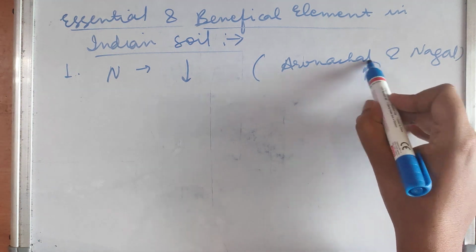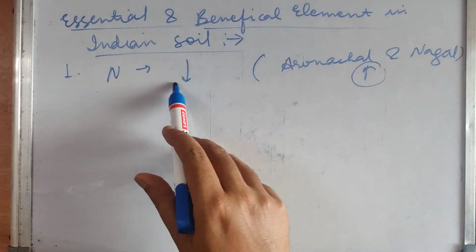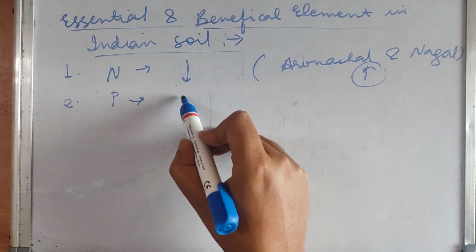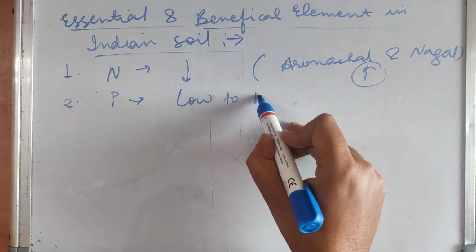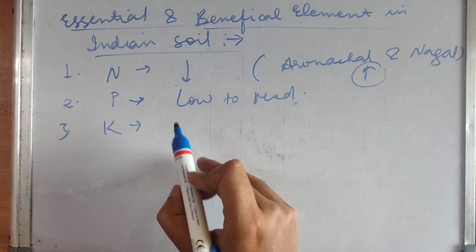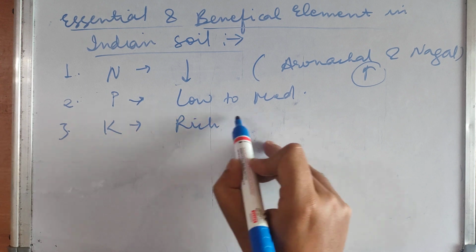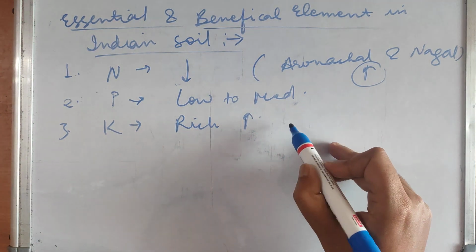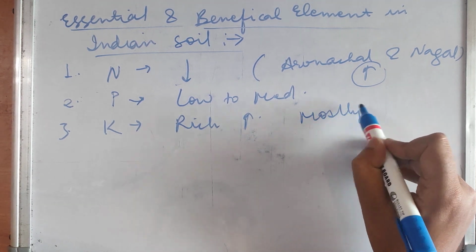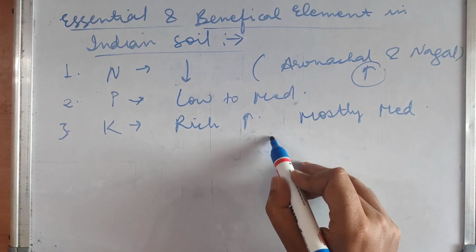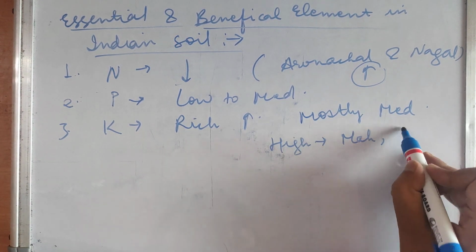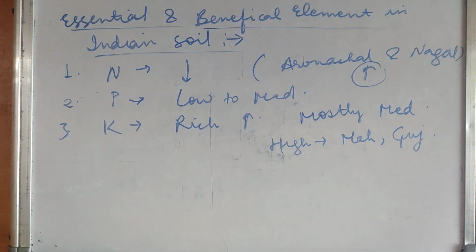Here the status of nitrogen is a little bit higher, but generally nitrogen is low. Secondly, phosphorus is low to medium. Thirdly, potassium is medium to high in Indian soil. Mostly it is medium, and high in some states such as Maharashtra, Gujarat, etc.